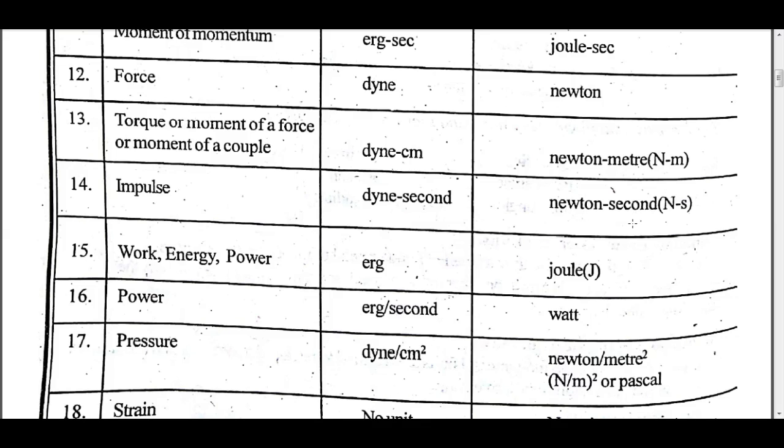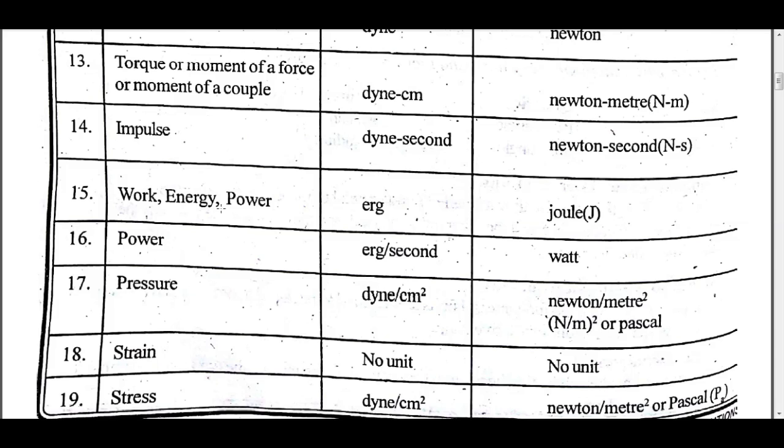Work, power and energy: here only work and energy have the same units, there is no power. For work and energy, the units are joules. In the case of power, it is watts. Power equal to energy by time.